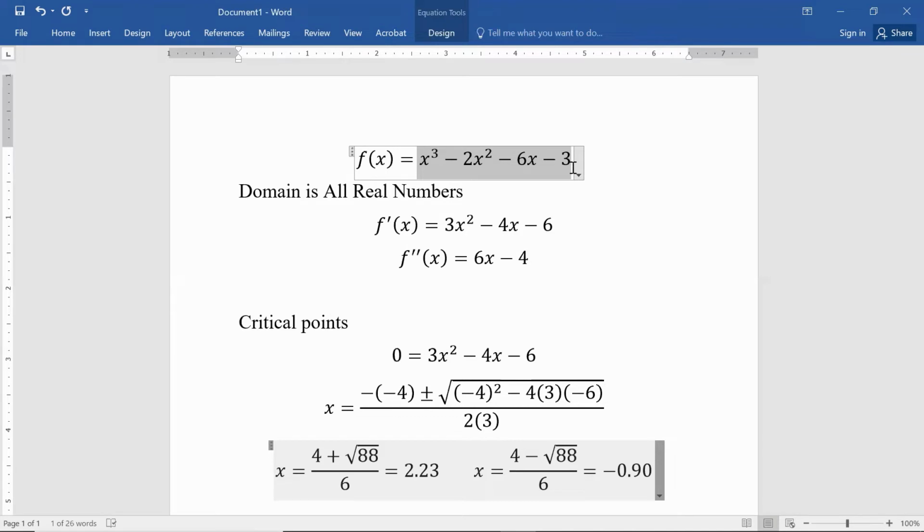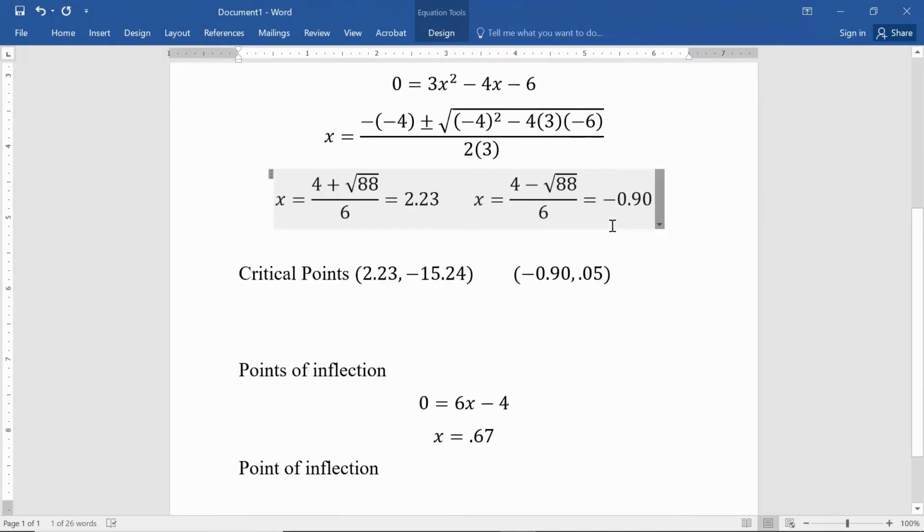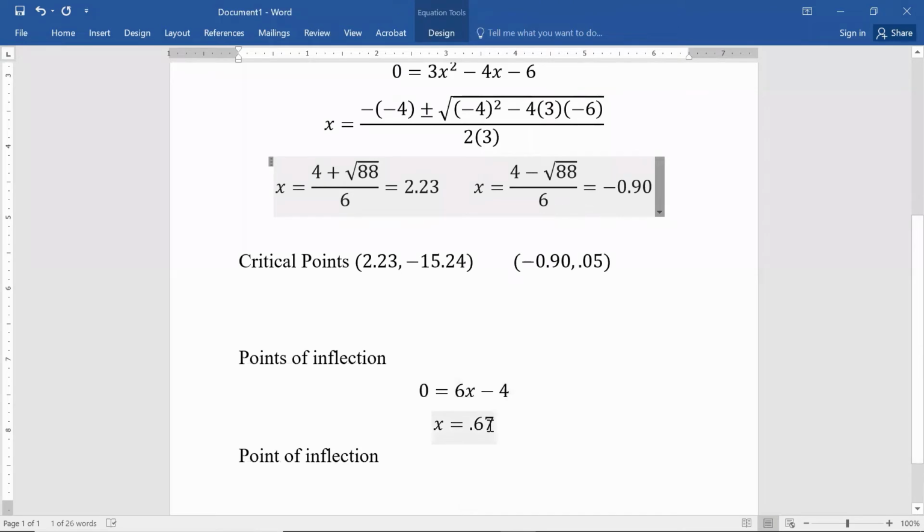If I were more careful, I'd use the fraction version of 2/3 instead of 0.67. But for right now, I'm just going to plug in the decimal version. So the rounded version would be about 0.67 to about negative 7.62. So now we have the critical points and we have the point of inflection.